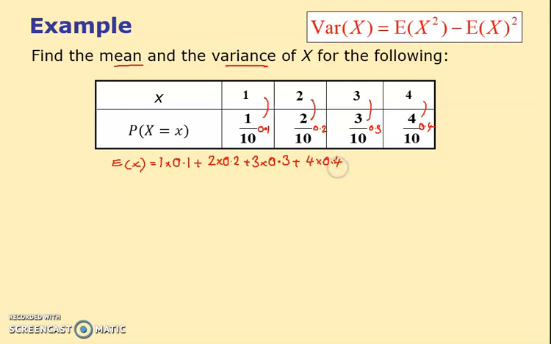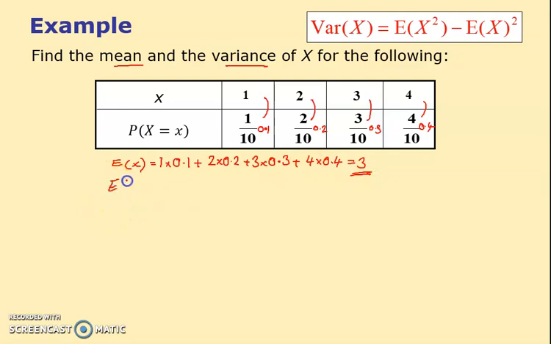So if I just type this in my calculator now, 1 times 0.1 plus 2 times 0.2, that's obviously 0.4, plus 3 times 0.3, that's 0.9, and 4 times 0.4 is 1.6. So adding those together, I got exactly 3. Okay, I didn't expect the whole number, but there you go. So I've got my 3.